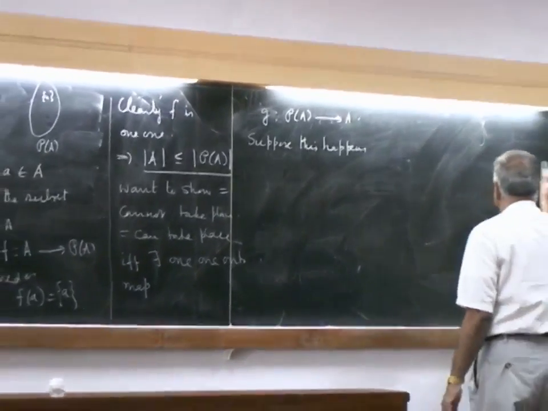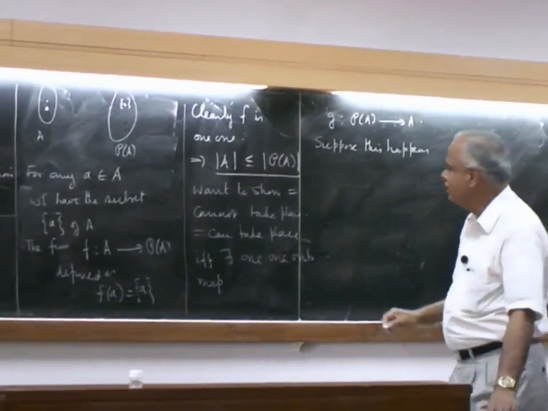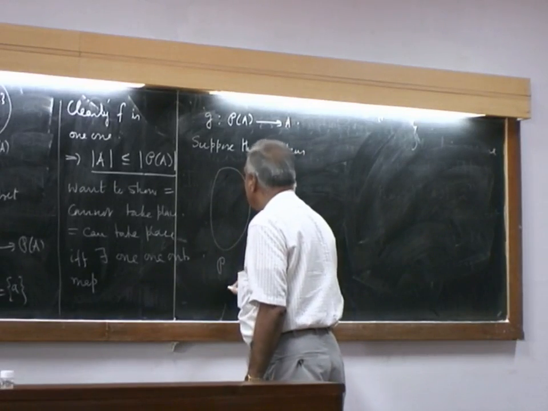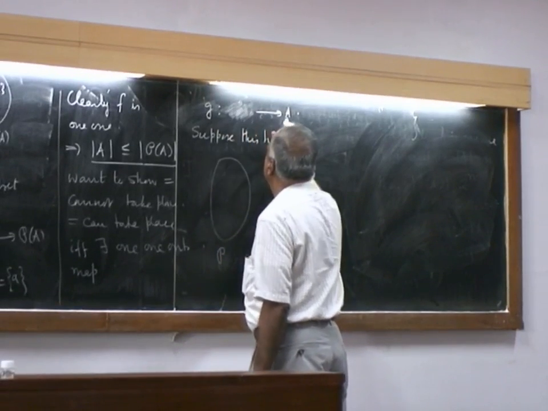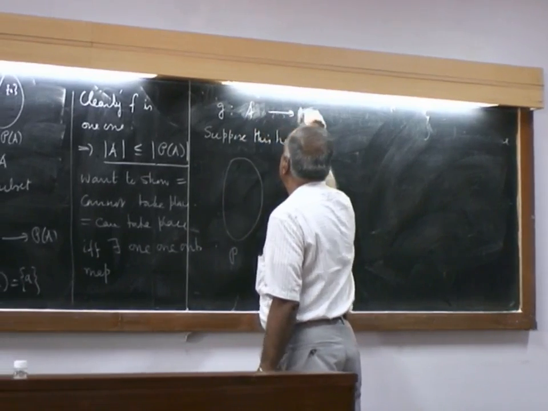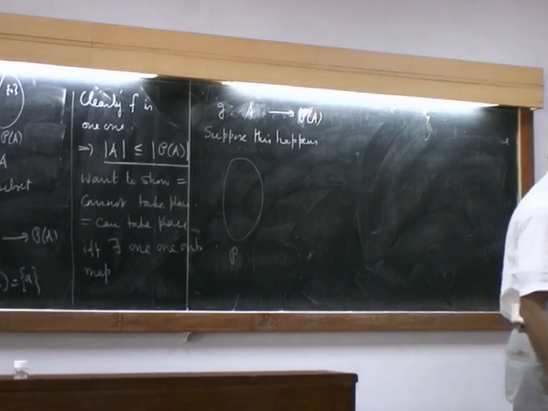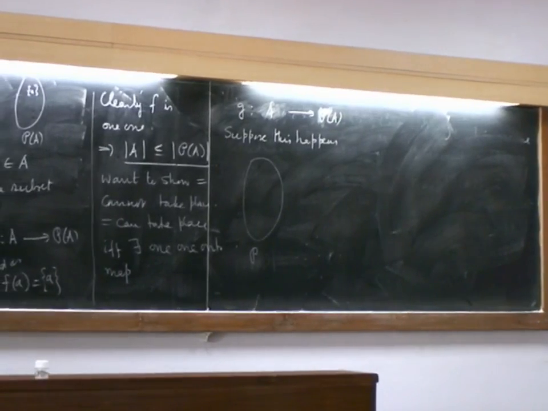So, what does it mean? It means the following. I have A to PA, whichever way, okay, this is easier. There must be a map, there must be a 1-1 onto map.